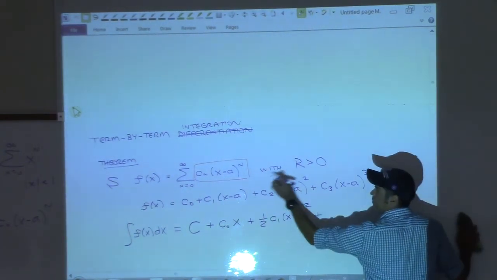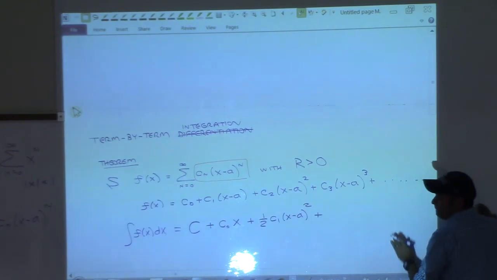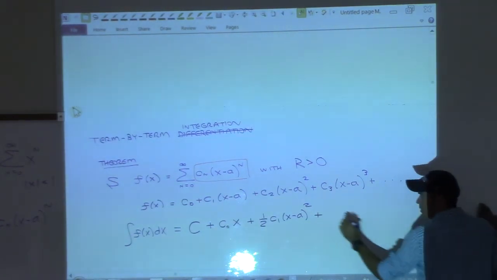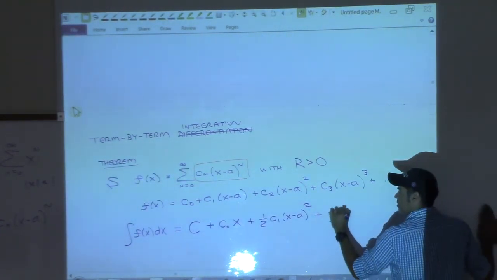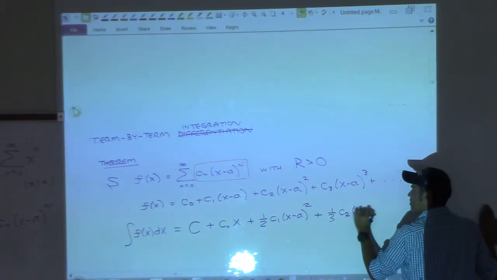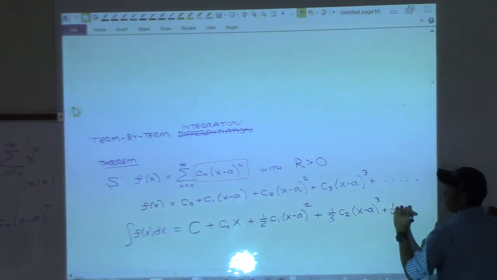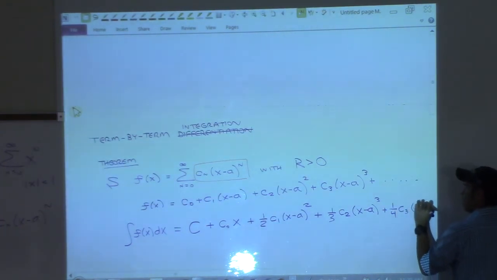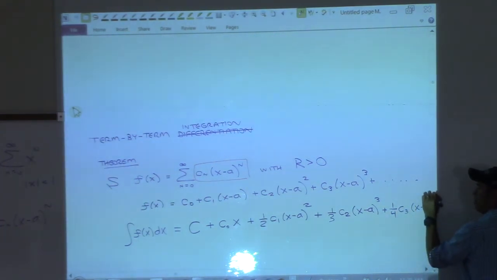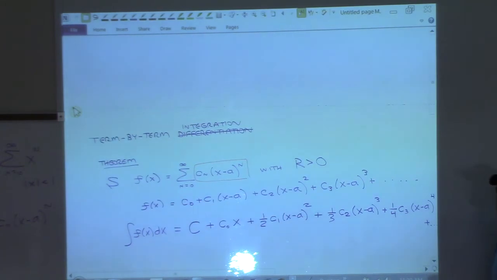Integrating this one right here. 1/3 c sub 2 x minus a to the third, and the next one will be 1/4 c sub 3 x minus a to the fourth plus dot dot dot. Do y'all see how that's working?